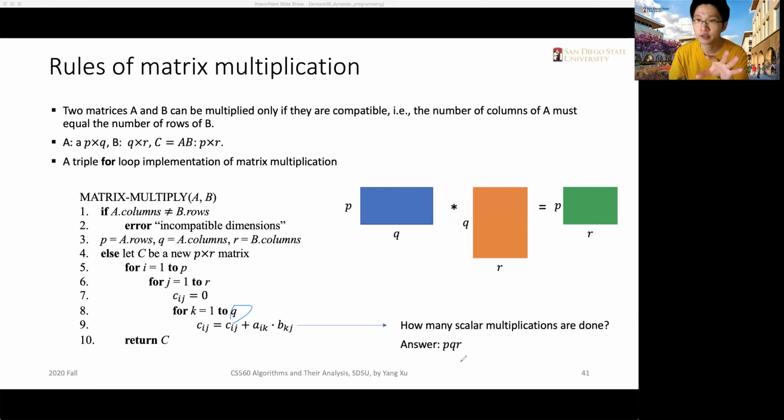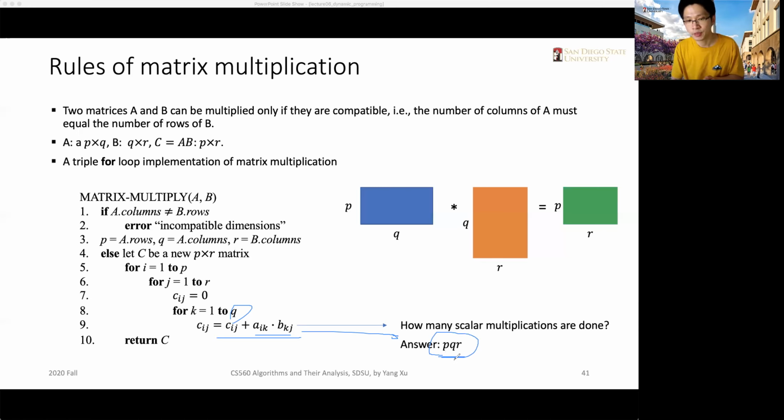So it's straightforward to know that the number of scalar multiplications needed is p times q times r. Okay, so this statement will be executed p times q times r times. So the larger this quantity is, the longer multiplying two matrices will take us.